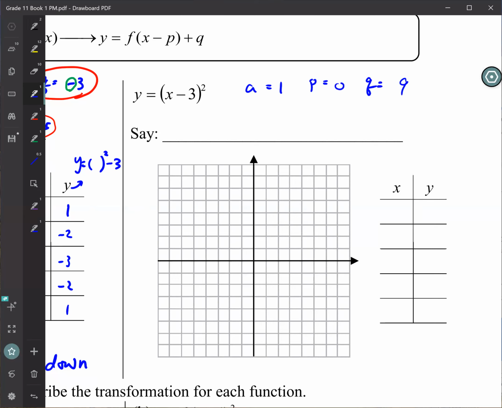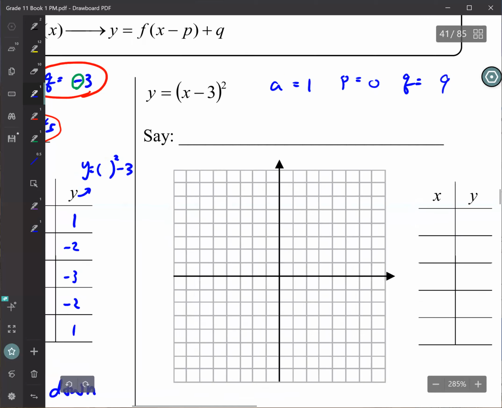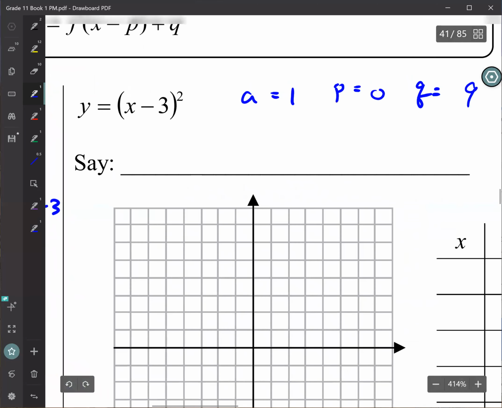3 times 3. Okay, remember I told you which values are the easiest one to find first? A and Q. Oh, A and Q. Yeah, A is the number at the very front. So what number do you see at the very front? 1?